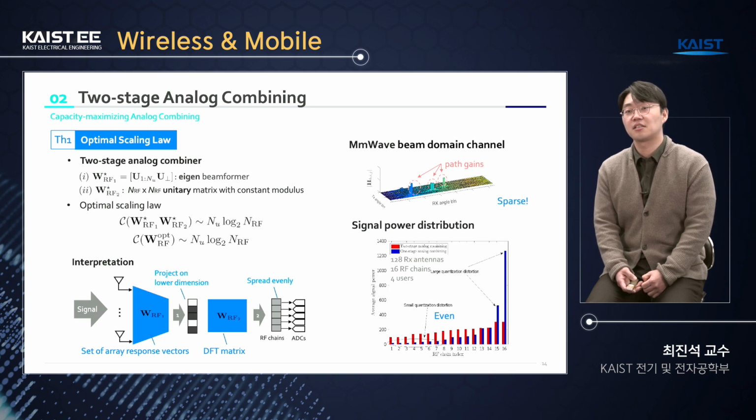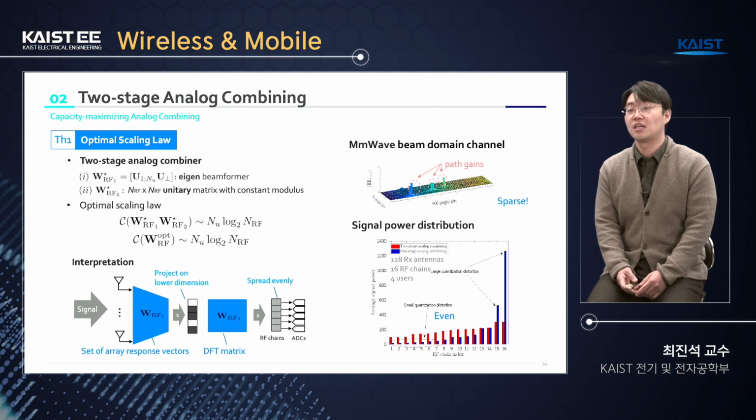This collected signal has different and uneven distributions over the RF chains. Then we need the second stage analog combiner, which is a unitary matrix, and a DFT matrix can be one example.